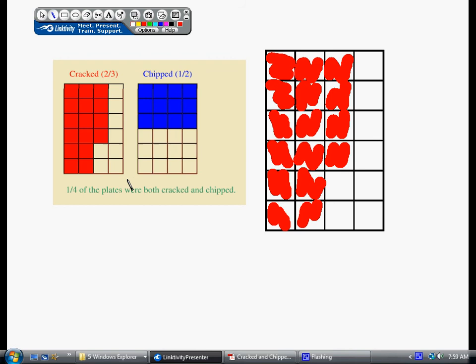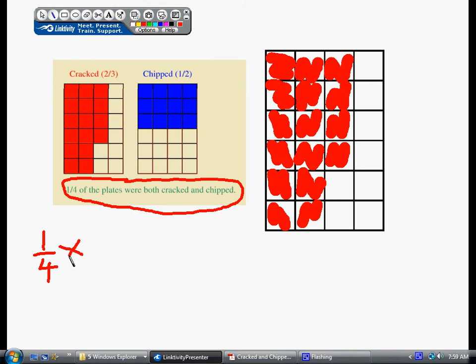This is very important now. 1/4 of the plates were both chipped and cracked, and 1/4 times 24 is 6. Now, that tells me 6 of these squares are both cracked and chipped.